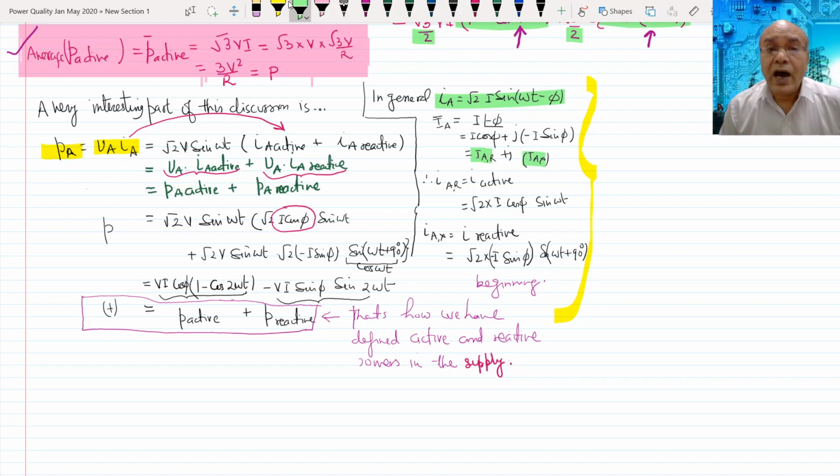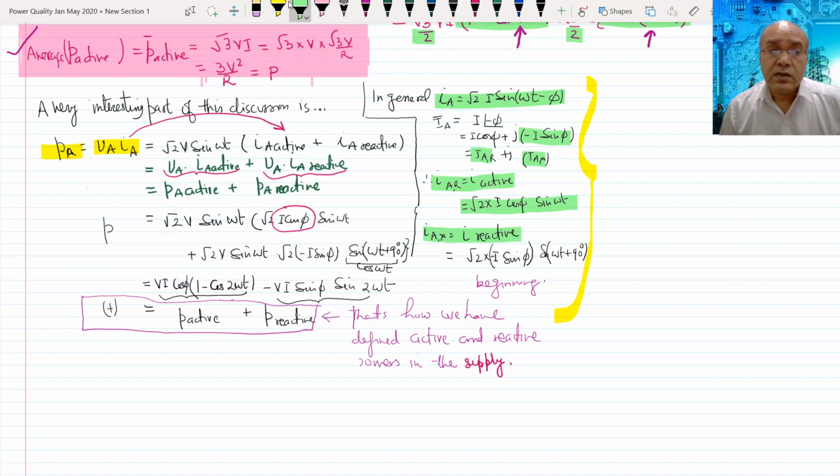Therefore IA active is root 2 into I cos phi sin omega t. Sin omega t is a term which shows that IA is in phase with the A phase voltage. Similarly, IA reactive is nothing but root 2 into minus I sin phi, because minus I sin phi is the reactive component of the current, into sin omega t plus 90 degree.